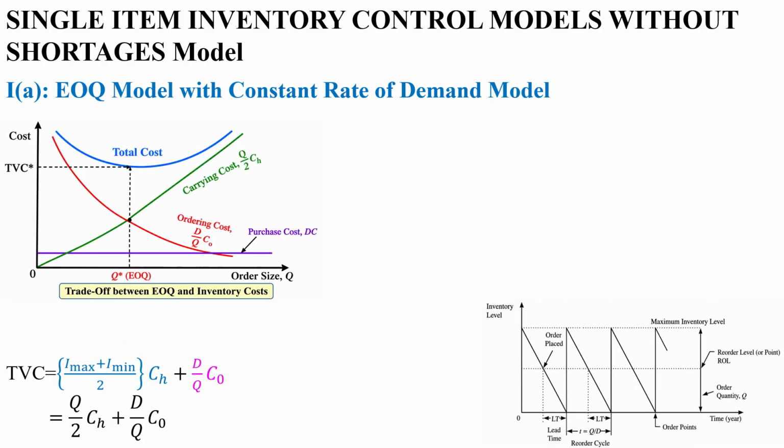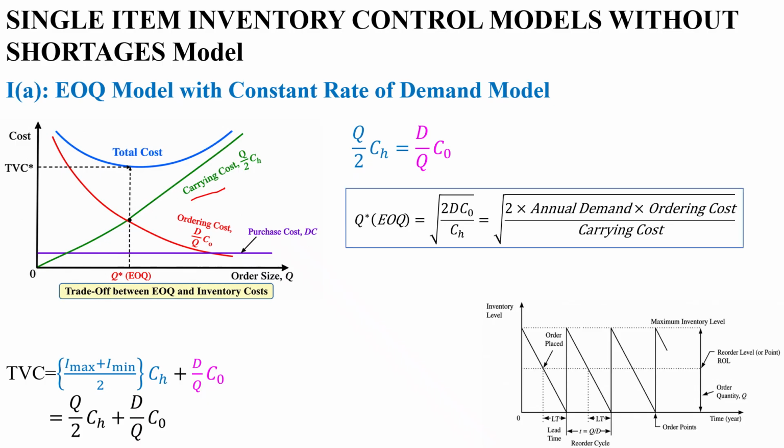This is the schematic representation of the inventory cost and the order size, and Q star is the economic order quantity. At Q star, carrying cost equal to the ordering cost, then Q by 2 into CH equal to D by Q into C0, then economic order quantity Q star equal to the root of 2 D C0 by CH.